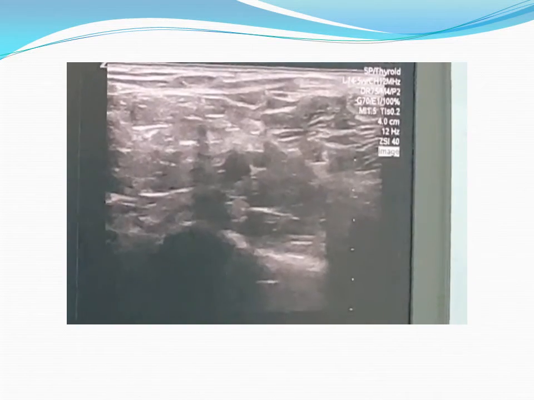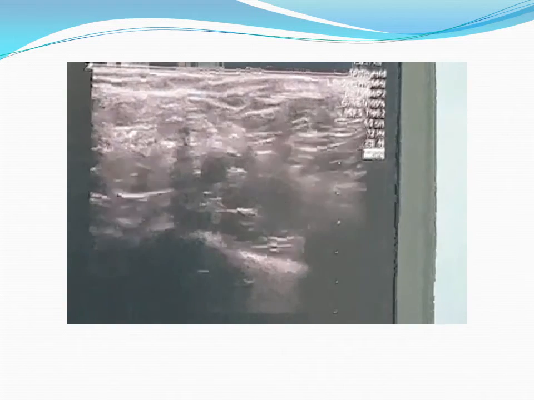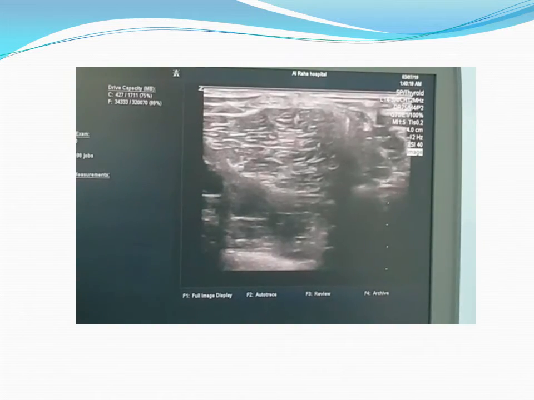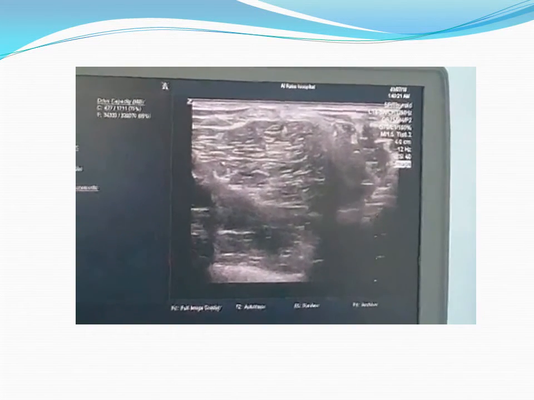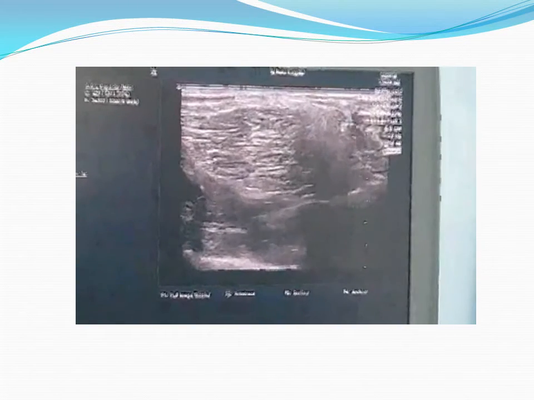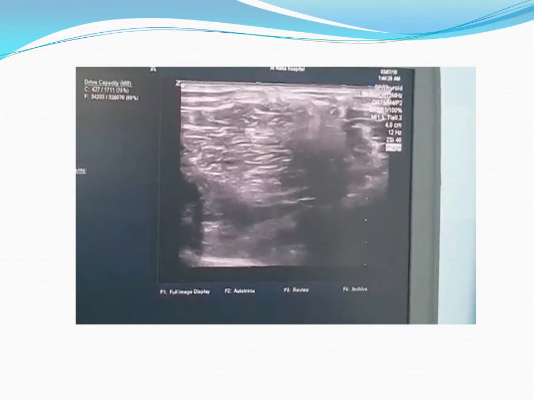We are injecting away from them, so no motor block. The needle passes from medial to lateral, deeper to the artery, and we are away from the branches.